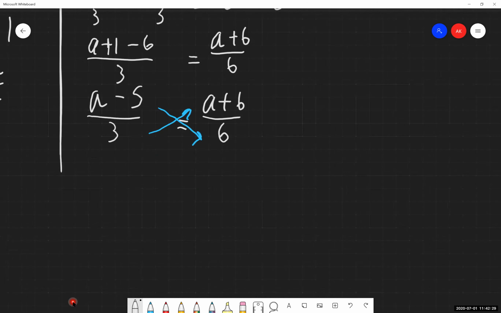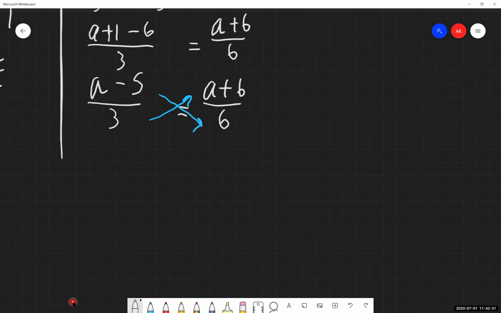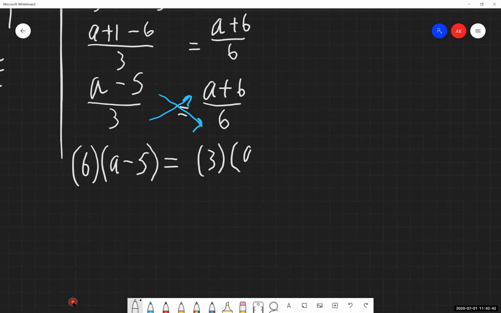And again, when you are doing this, write out for yourself what is multiplying together. And now from here, we're just using the distributive property.